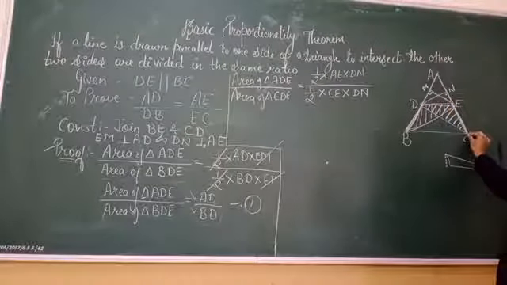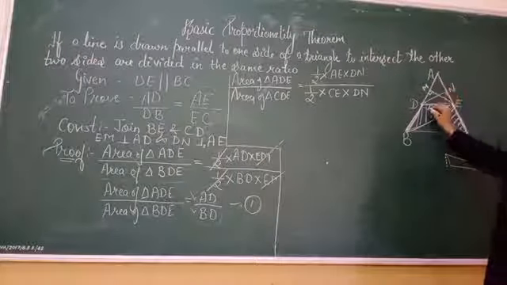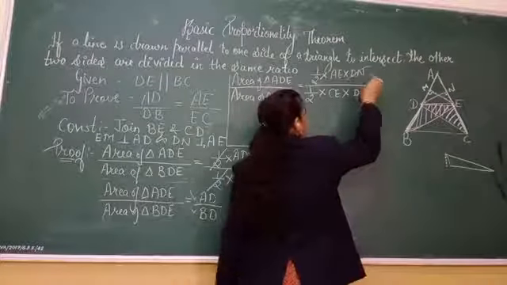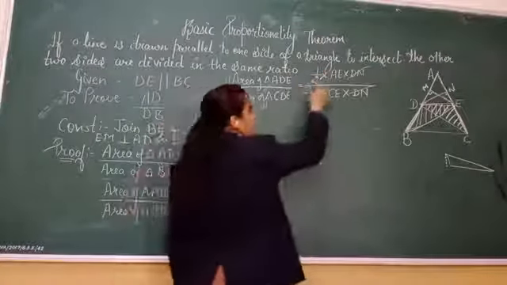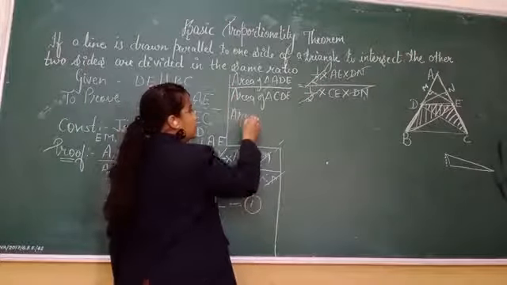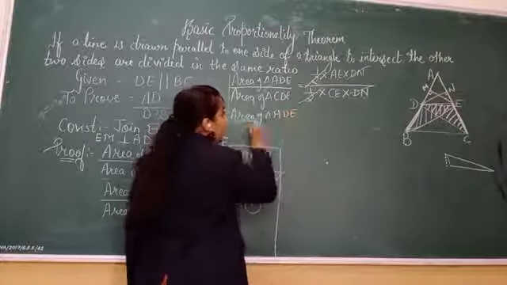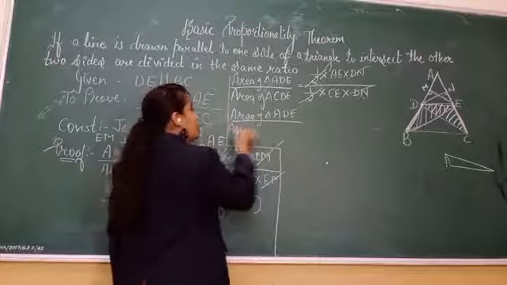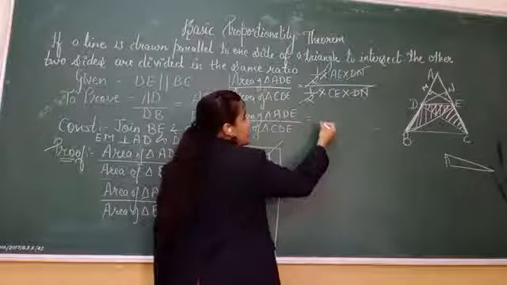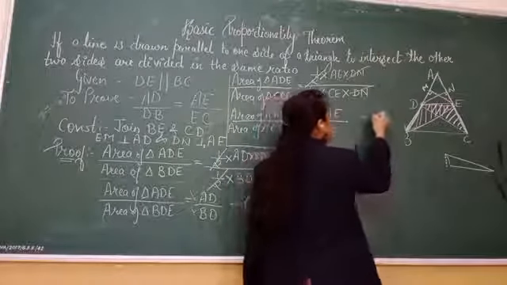What will be the height for side CE? The perpendicular line towards CE, which is DN. So DN will be the height. DN gets cancelled, half and half get cancelled. So what is the remaining term? Area of triangle ADE upon area of triangle CGE is equal to AE upon CE.